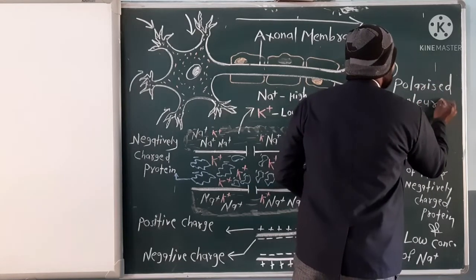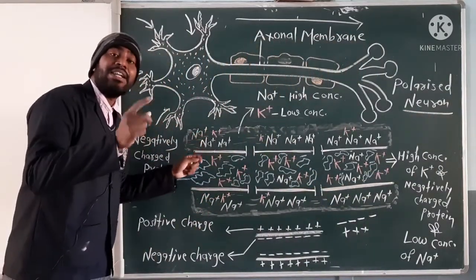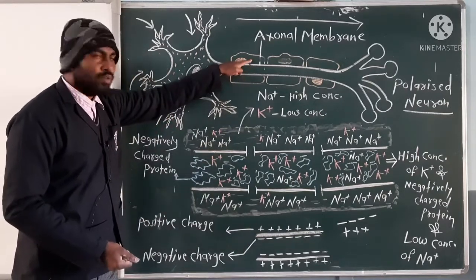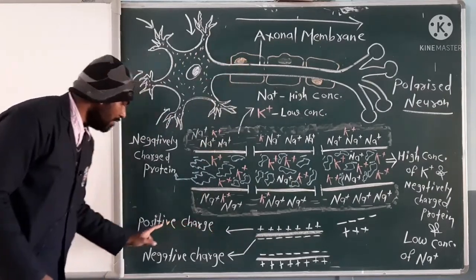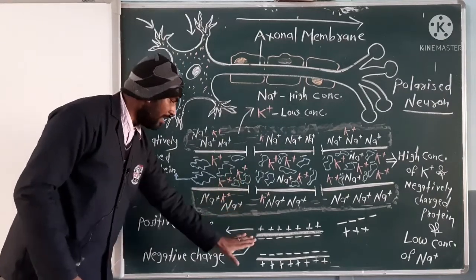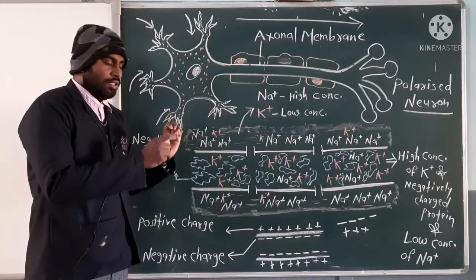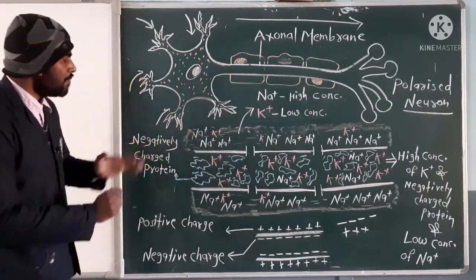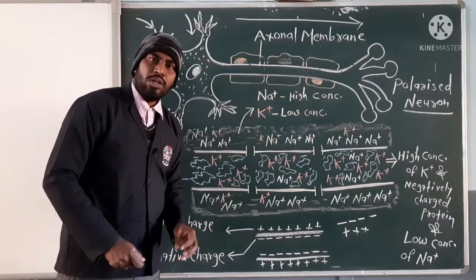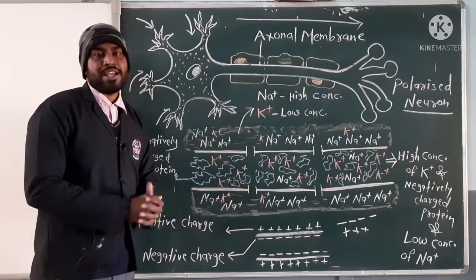Because it still shows two different electrical charge conditions. Outside the axonal membrane there is positive electric charge, and inside the membrane there is negative charge. So this neuron is called a polarized neuron, which shows two different polarities of electric ions.